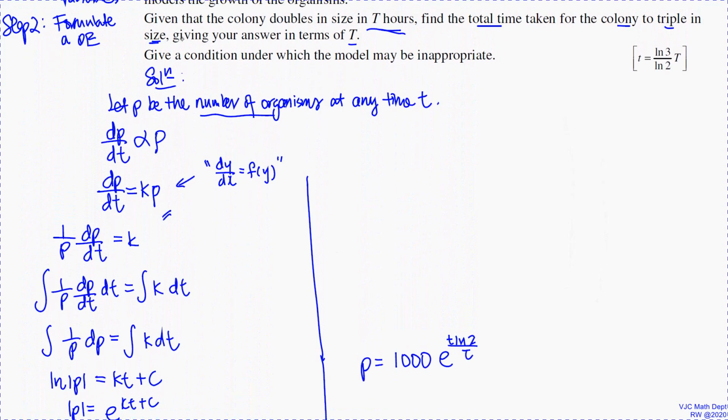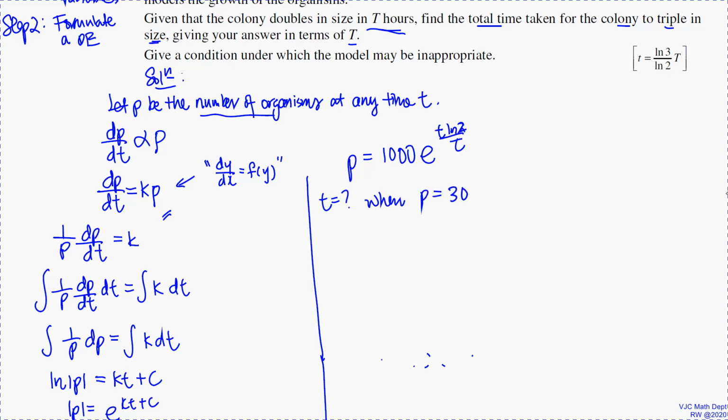Total time taken for the colony to triple in size. Let me move this up. Alright, P equals 1,000 e^(t ln 2 over T). So therefore, we want to find what t equals when P, population, equals 3,000.